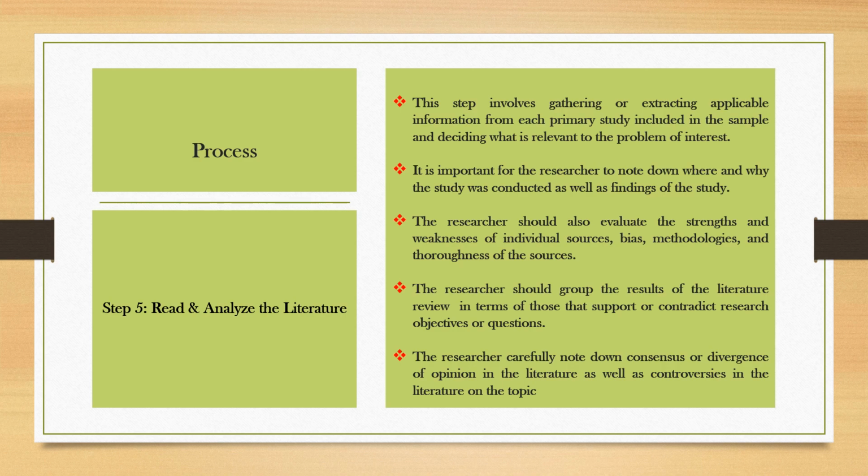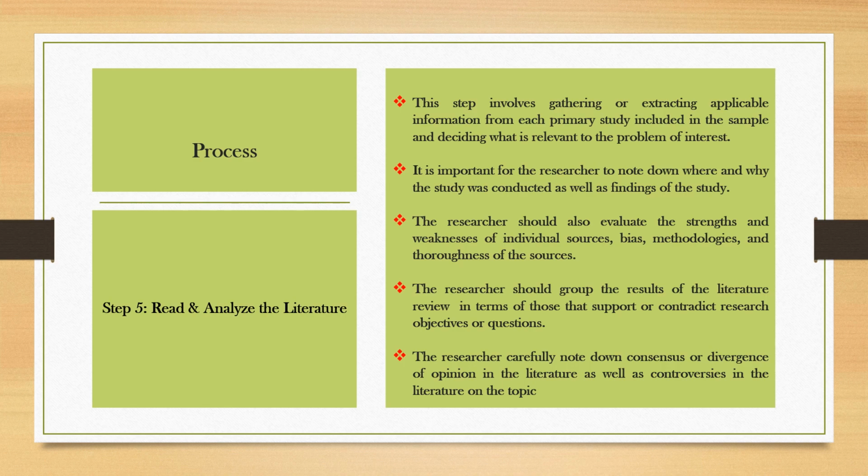It's also important for the researcher to note down where and why the study was conducted, as well as the findings of the study. The researcher should also evaluate the strengths and weaknesses of individual sources, the bias, methodologies, and thoroughness of the sources.